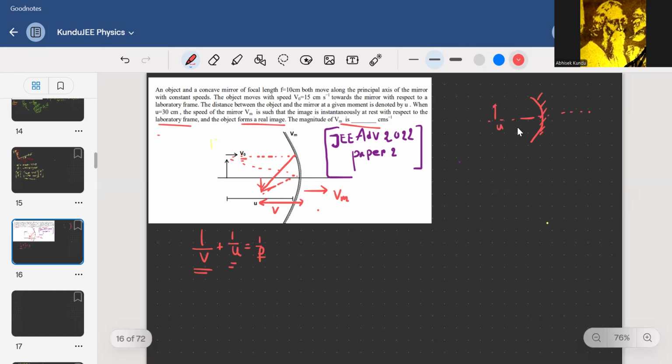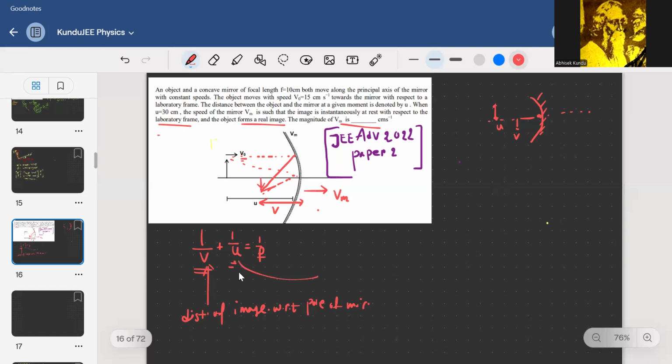Suppose here somewhere is the object, and this distance from the mirror pole is given as u, and the image distance from the mirror pole is given as v. So we can write that this v is basically the distance of image with respect to the pole of the mirror.